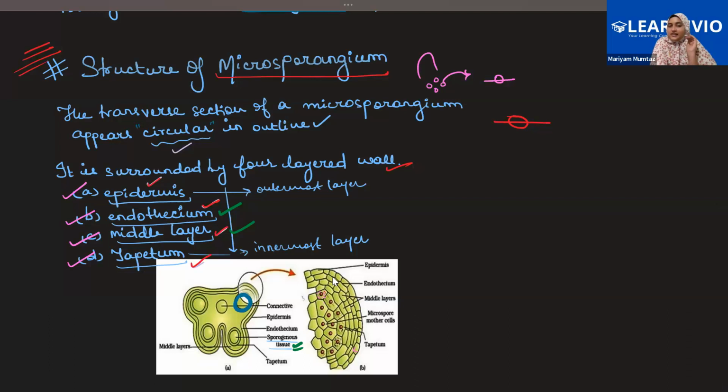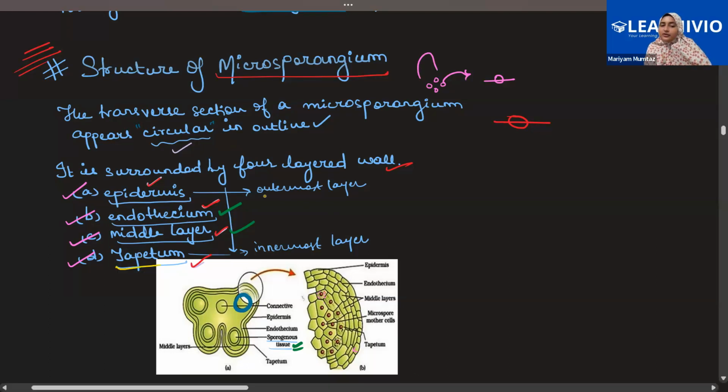Now we talked about how the microsporangium has 4-layer walls. Outermost is the epidermis, then comes the endothecium, the middle layer, and the tapetum. Now quickly tell me the functions of them. The first 3 layers, epidermis, endothecium, and the middle layer, are responsible for protecting, supporting, and similar functions.